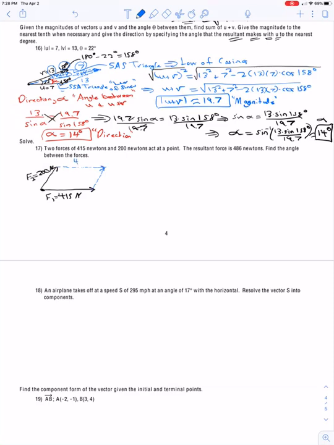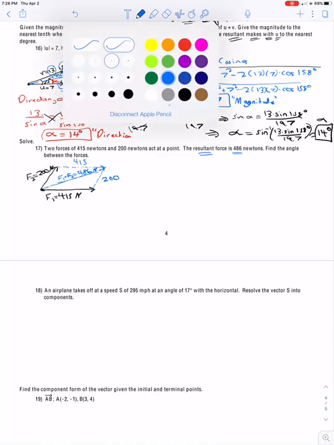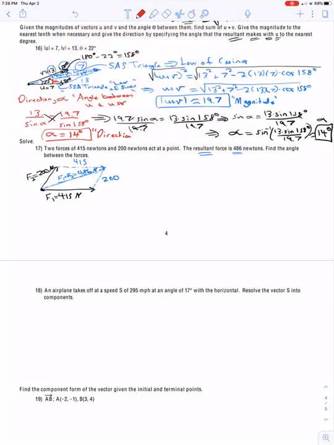So we go ahead and label these sides. And we know the resultant is this diagonal right here. So a diagonal forms our resultant vector. So there's F1 plus F2, which is equal to, they gave us that resultant force is 486 newtons. So as you look at it, we want to find the angle between the two force vectors. So what we're looking at eventually is to find this angle right here.